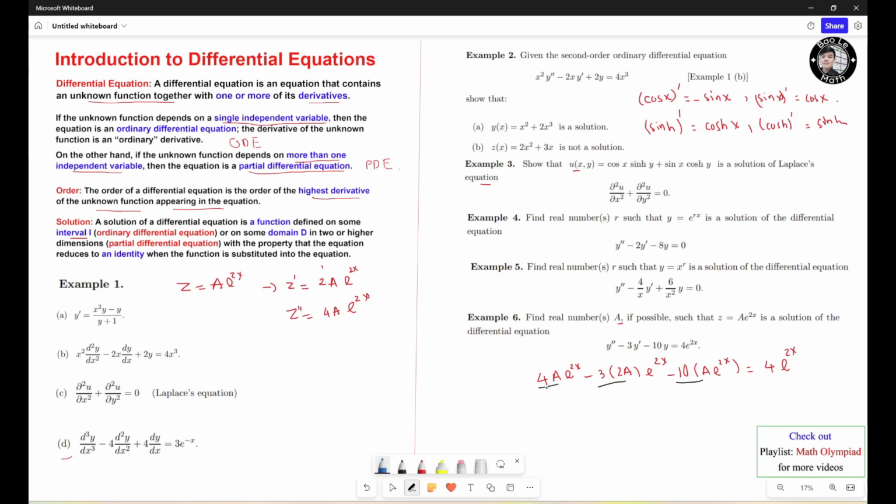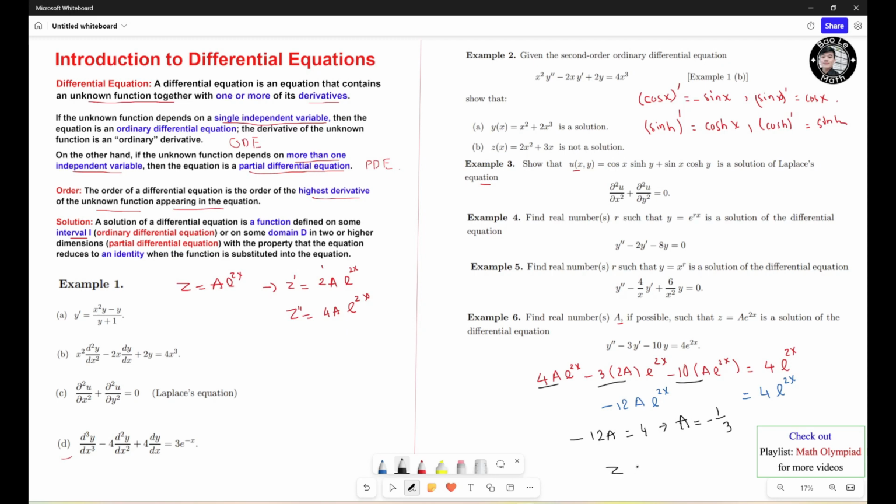So it turns out to be 4 minus 6, it could be negative 2, negative 2 minus 10, it should be negative 12a e to the 2s equal 4 e to the 2s. Alright, now we just equate the coefficient both sides. So we have negative 12a equal 4. A equal negative 1/3. So if a equal negative 1/3, substitute back over here.